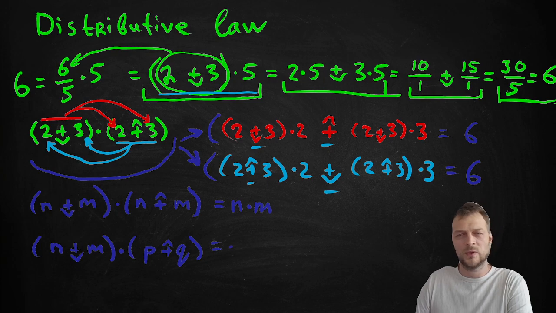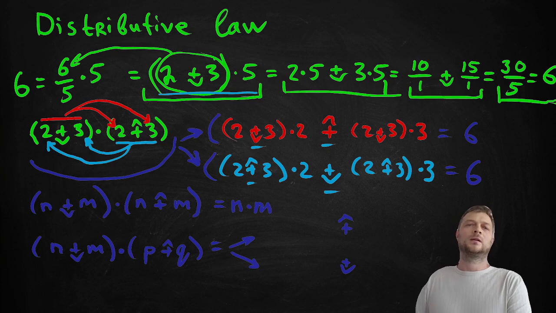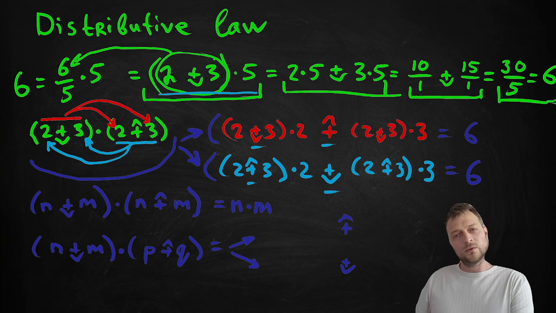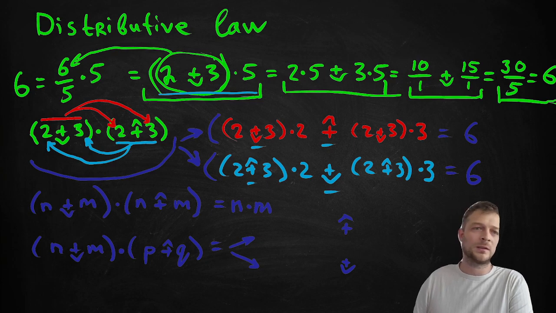So there will be two different ways to open parentheses here, with either this sign in the middle or this plus in the middle. This is a new type of distributive law. It is somewhat unusual, but let's move on to another topic now.